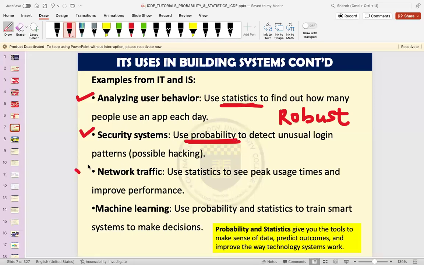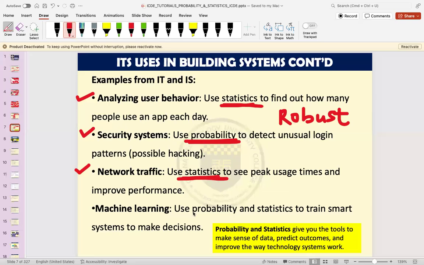Then sometimes when you have too many users on the move, you have network traffic. So with the network traffic, how do you analyze and improve upon the system? You will need statistics to do that, to be able to check various performances at different times.